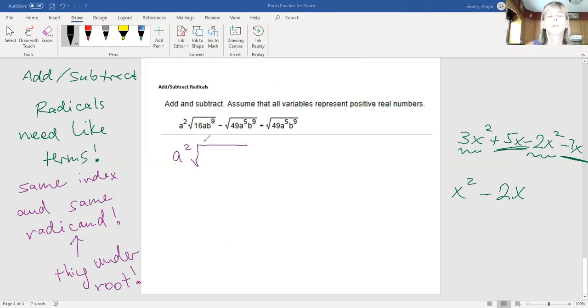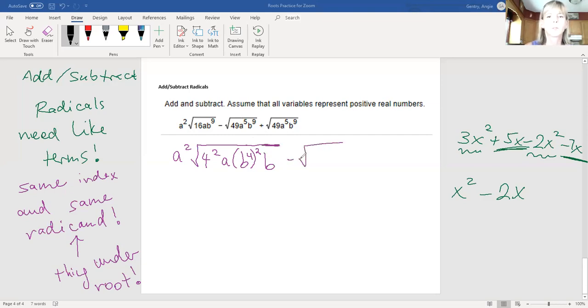It's a square root. 16 is 4 squared, or you can do 2 to the 4th and deal with it that way. You have an A and you have a B to the 9th. I need an exponent of 2. Maybe this should be a 4. 4 times 2 is 8, and then I have one more that makes the 9. Always extend your root over.